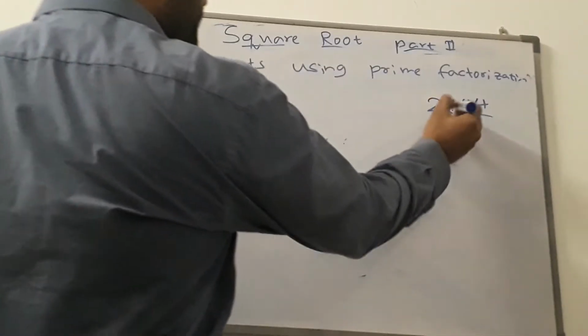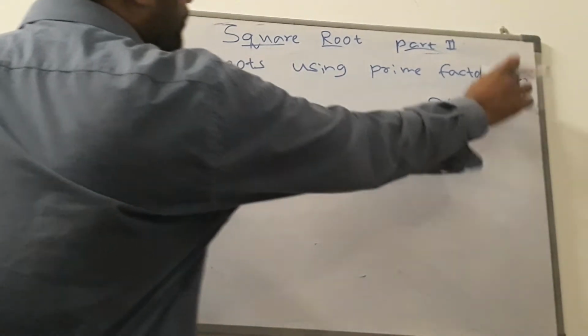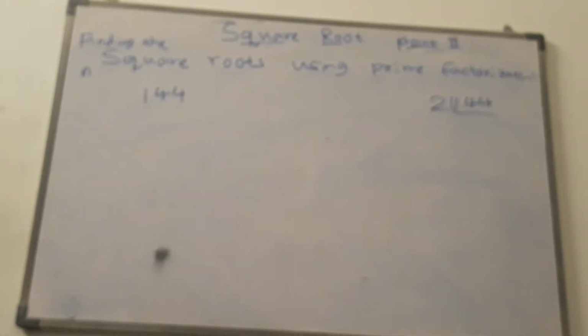Okay, what is the least prime number? General knowledge we learned in previous sessions, and that is the only even prime number. What is that? 2. 2 is the only even prime factor, and that is the least prime factor of all the prime factors. And 144 is an even number, so definitely it is divisible by 2.